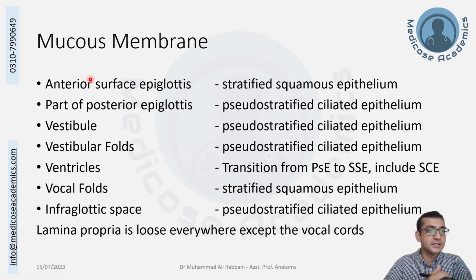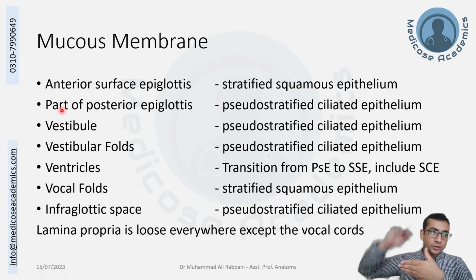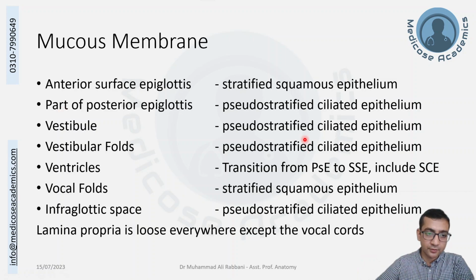The posterior surface is mostly like the respiratory system, pseudostratified ciliated columnar epithelium. The transition between the stratified squamous and the pseudostratified occurs on the posterior surface. So the posterior surface of the epiglottis has stratified squamous on the upper half and pseudostratified on the lower half. The vestibule, the upper part, is pseudostratified, and the vestibular fold has the same one.